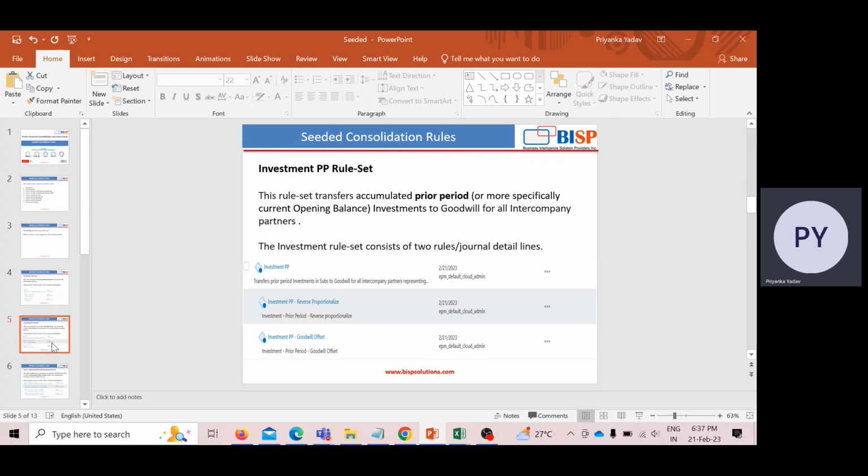Next is investment PP rule set. This transfers prior period investment to goodwill for all ICP representing siblings. The goodwill entry will offset leaving a net goodwill value. This rule set also contains two rules, investment PP reverse proportionalize and investment PP goodwill offset.